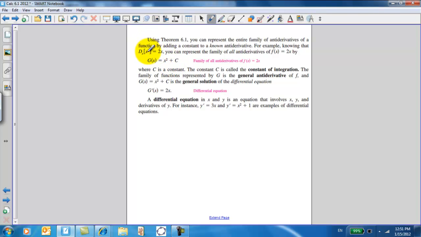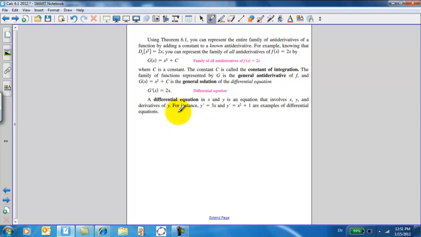If the derivative with respect to x of x squared is 2x, you can represent the family of all antiderivatives of f of x equals 2x by x squared plus c. This c is also called the constant of integration, and this is the general antiderivative and general solution of the differential equation, because it has a derivative in it.